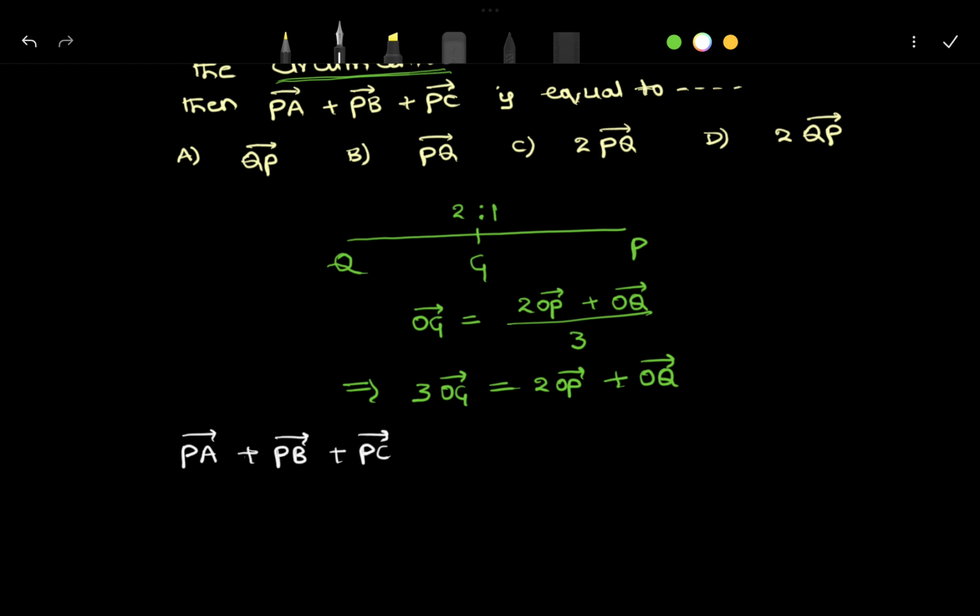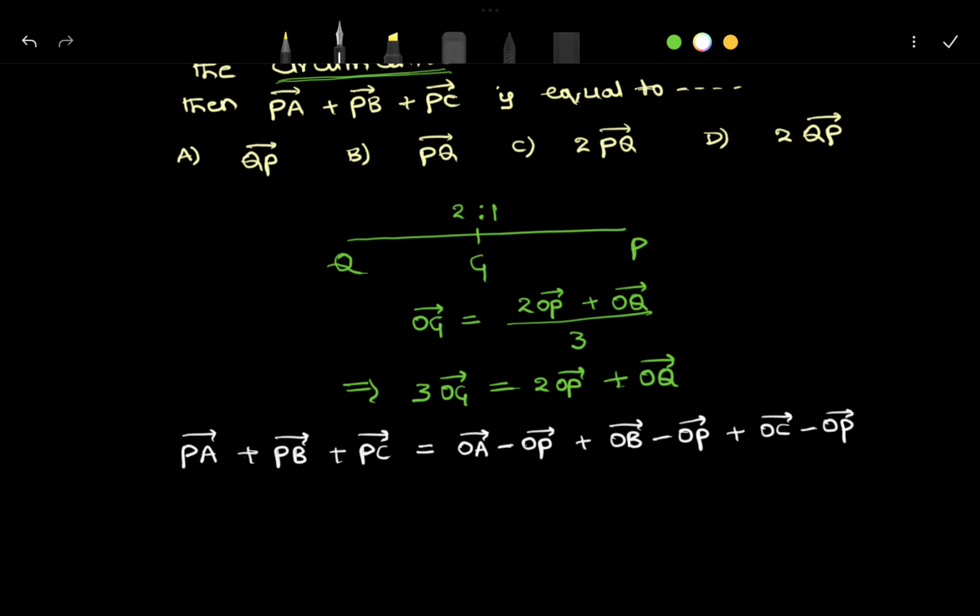First of all, write the position vectors. PA bar you can write as OA minus OP by the triangle law of addition. Next PB you can write as OB minus OP, and next PC you can write as OC minus OP.